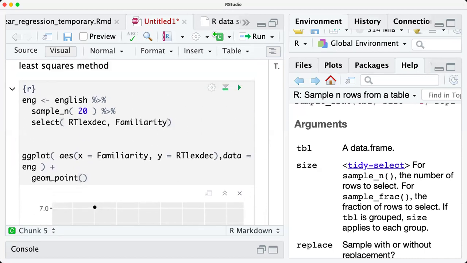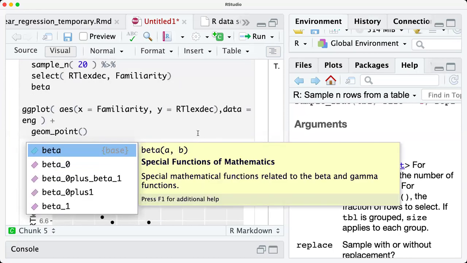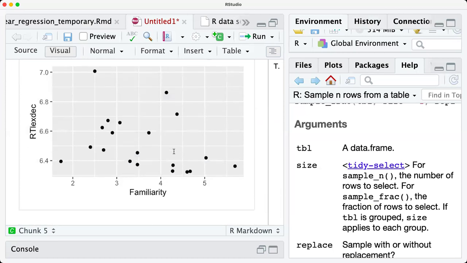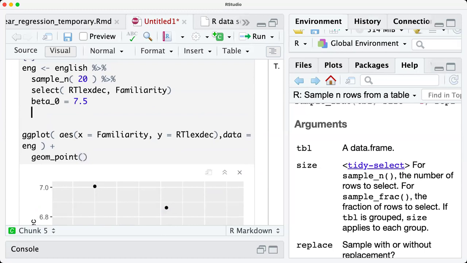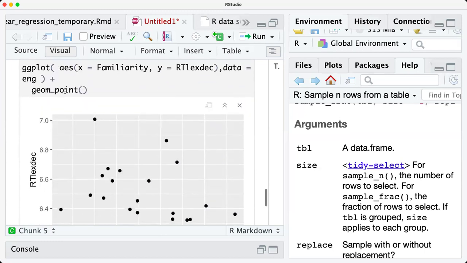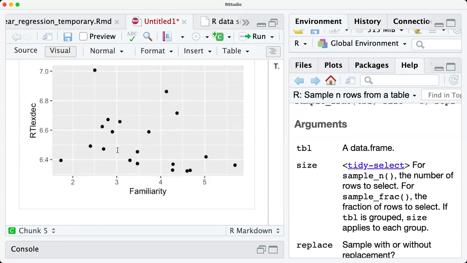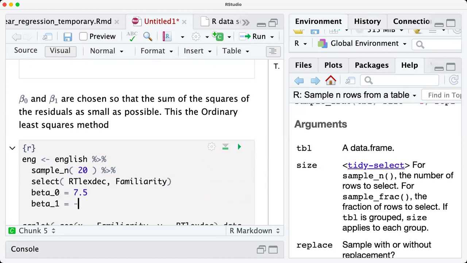So whatever beta 0, let's take beta 0 equal, I don't know, but whatever line that passes next to these points. So let's say that at 0 it will be around, say, 8, so beta 0 is 7.5, and beta 1 is equal to, let's say, minus 0.2, is the slope.